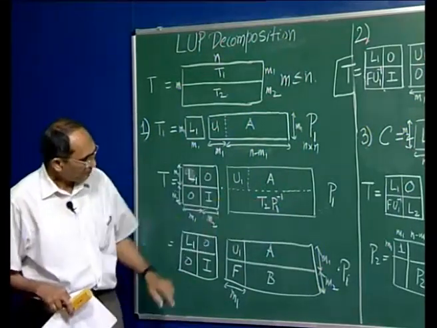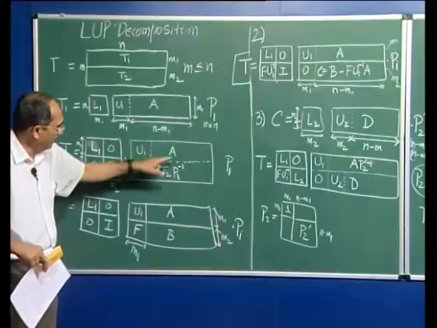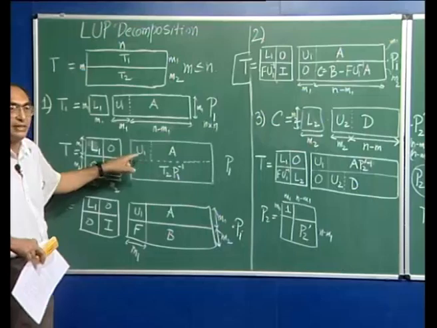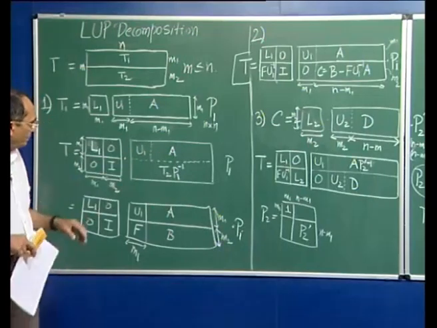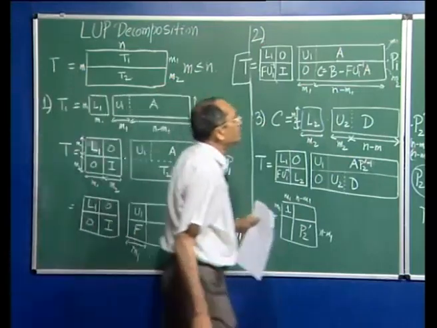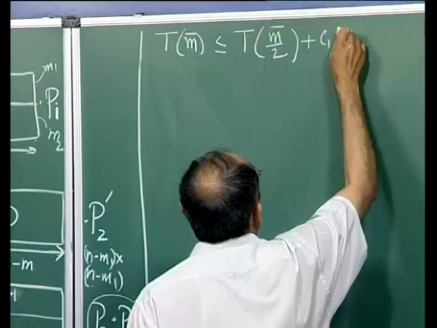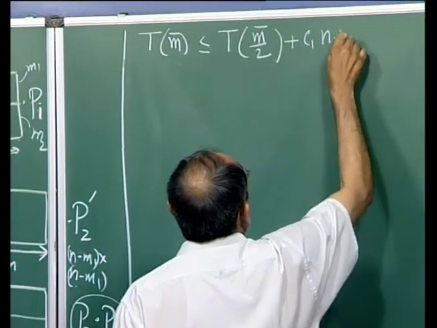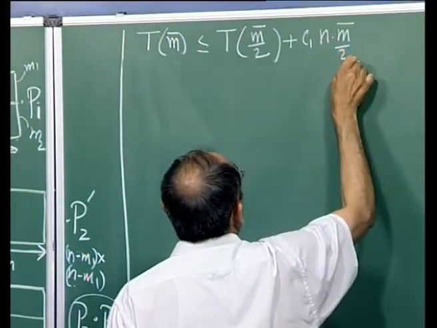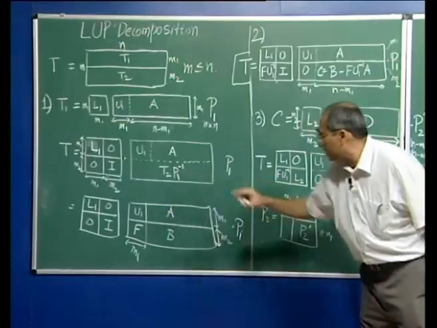Therefore, this can be done in order of the size of this matrix itself, and that would be N into M bar by 2. So, I will add a cost C1 times N into M bar by 2. That would be the cost of this step.